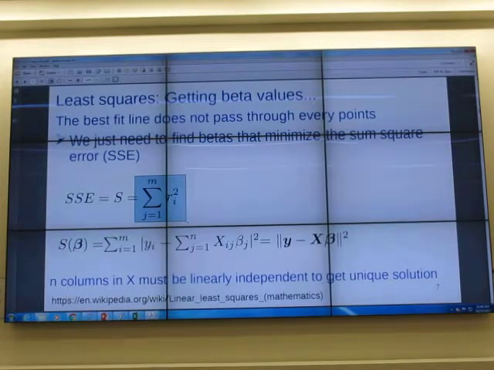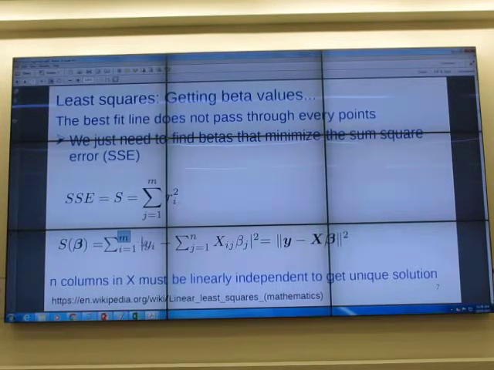Sum square error, if you write it down, is the summation of yi, which is the true value, minus the model value. Okay? You take the absolute and then you square it. And you add each of them together. How many times do we add things together? M times.